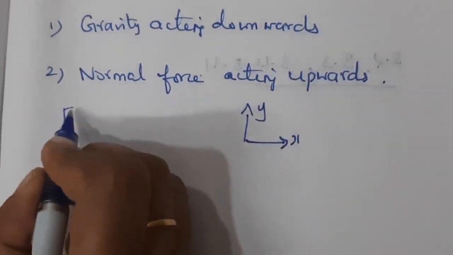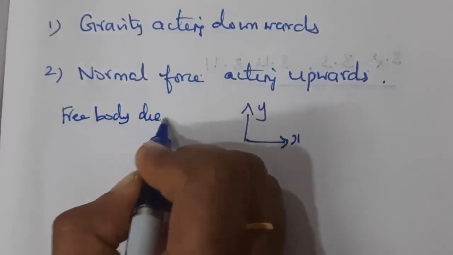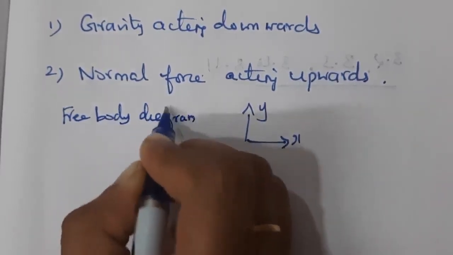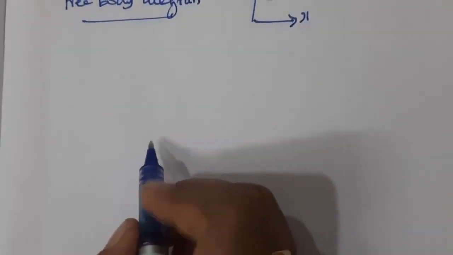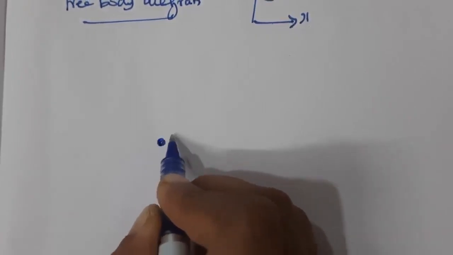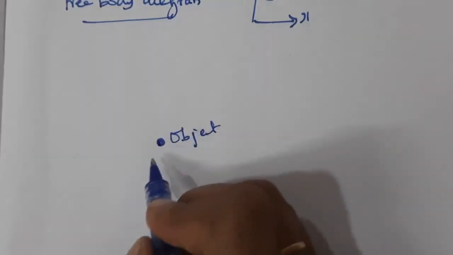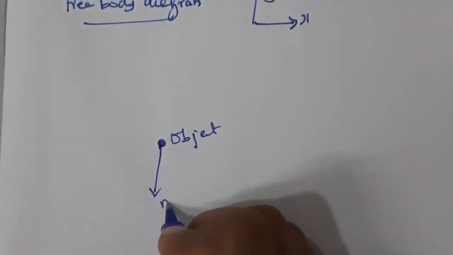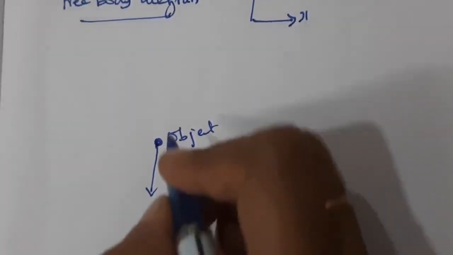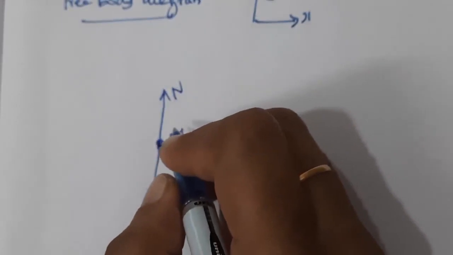Let's draw the free body diagram. There is an object. Identify the forces. We have identified the gravitational force, so we can draw a vector mg and the normal force N acting upward.